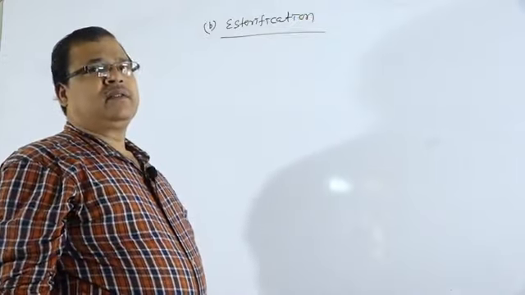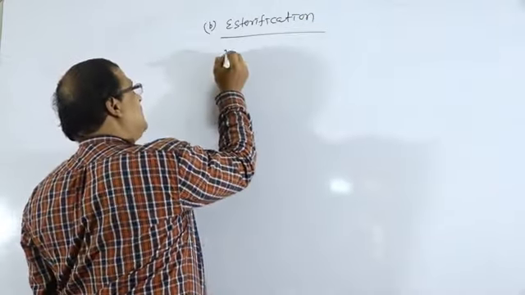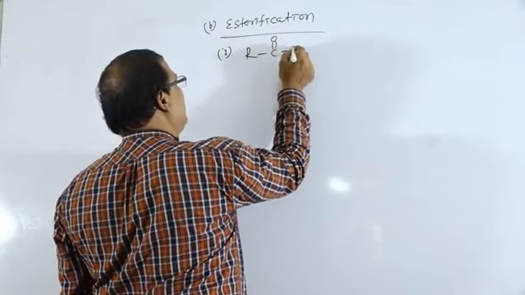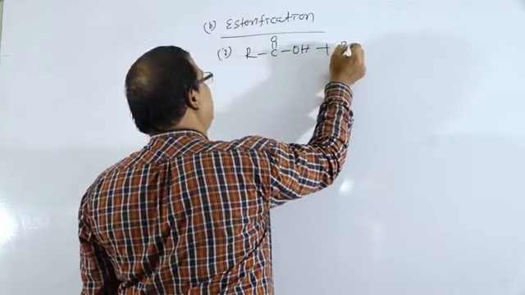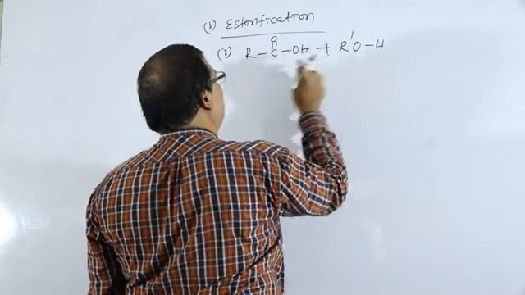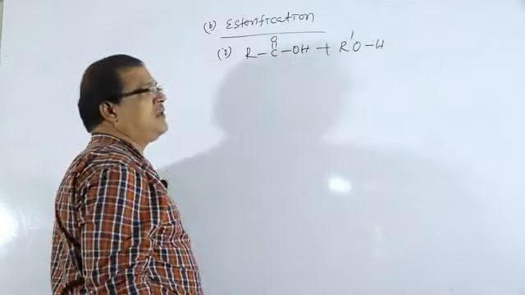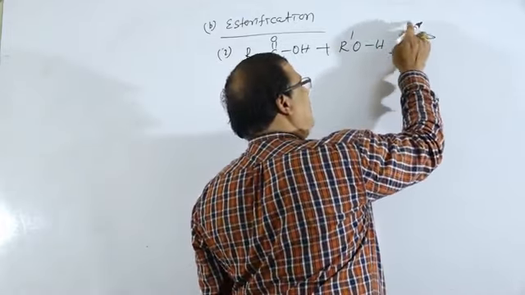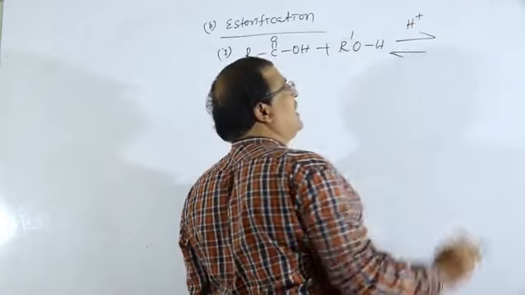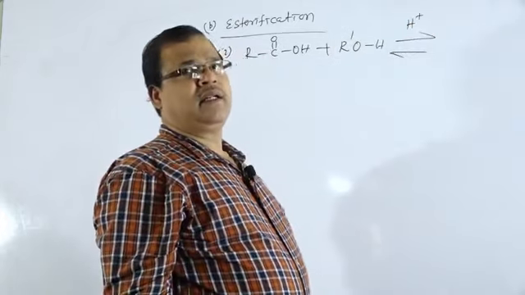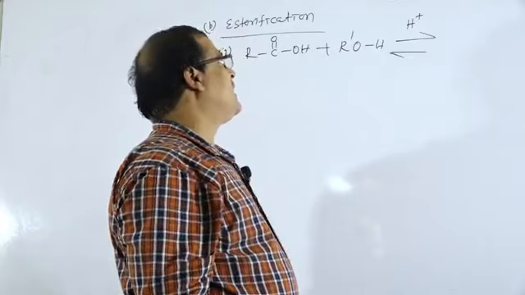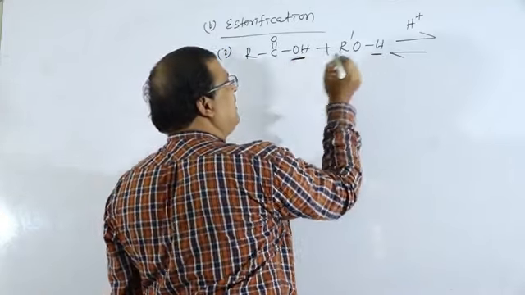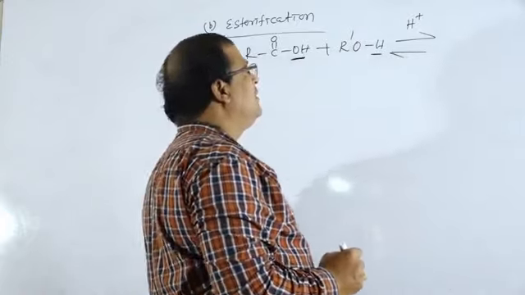When carboxylic acids are treated with alcohols in the presence of a mineral acid like hydrochloric acid or sulfuric acid, a little amount as catalyst, the OH part of the acid and the H part of the alcohol combine to form water.